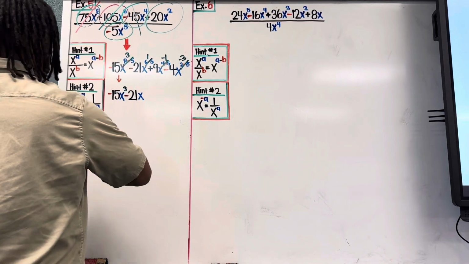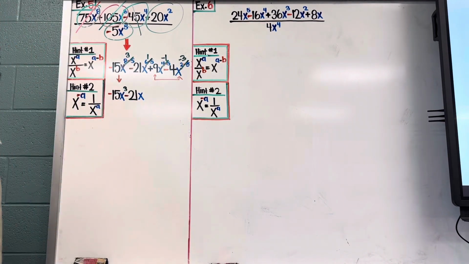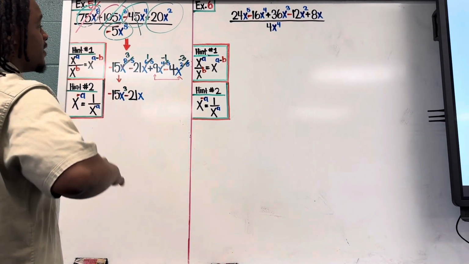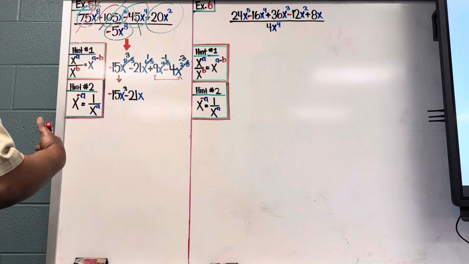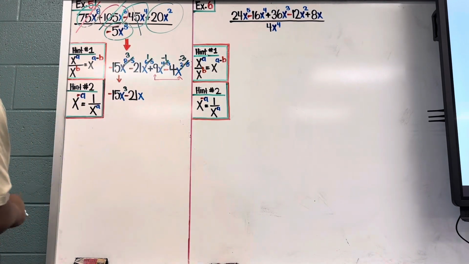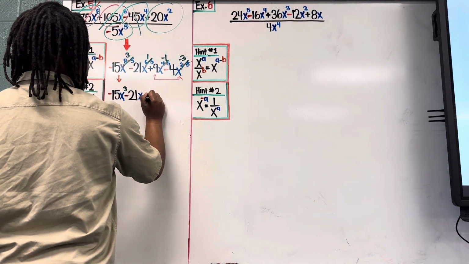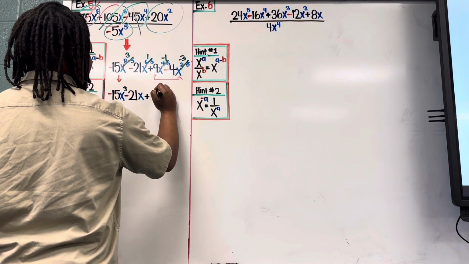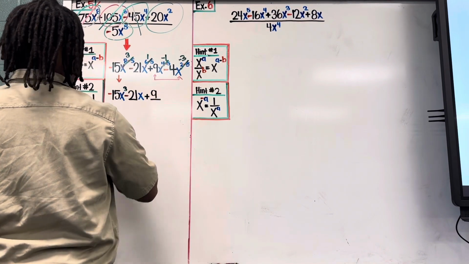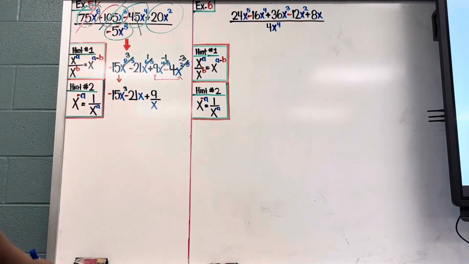But here, this is what I'm talking about, guys. Because those powers are negative, I have to put x to that power underneath the coefficient, but the power has to be positive. So the coefficient here is 9, so it's going to be plus 9 over x to the first power.